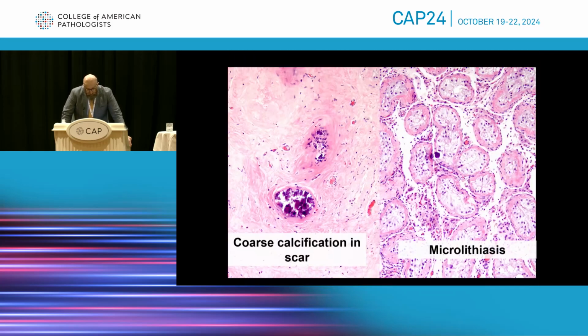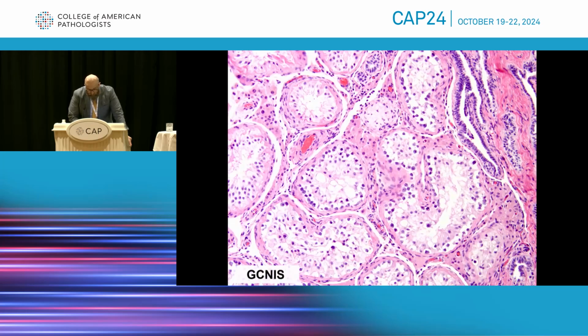That's not to be confused with microlithiasis, which is more of a small round calcification in the seminiferous tubule, which does indicate that the testis environment is abnormal but is not specific for tumor. It's actually more common that you can have microlithiasis in the testis without any tumor. So big chunky calcification would be suspicious for regressed embryonal carcinoma, but microlithiasis is not necessarily specific for tumor in and of itself.